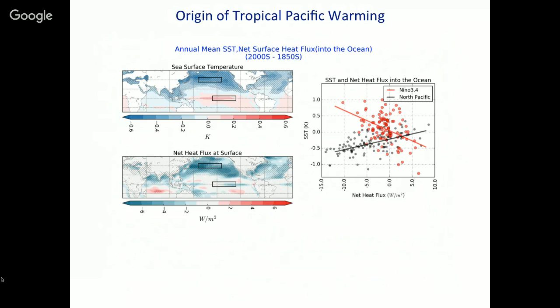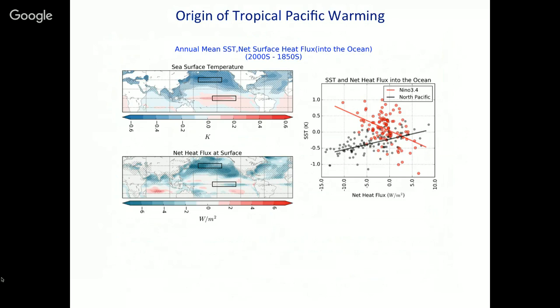So what it tells us is that though this part of the ocean is atmospherically forced, in this case the response is the other way around. It's the ocean which is giving back. Because of this warming, you have the flux change in that direction, not the other way.